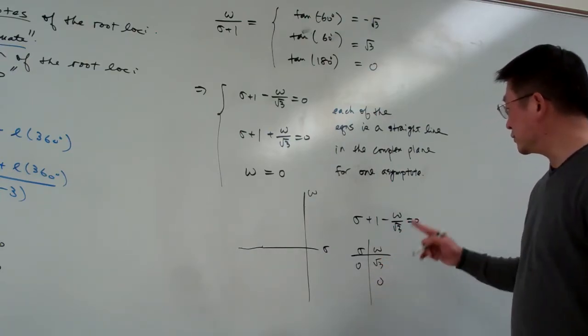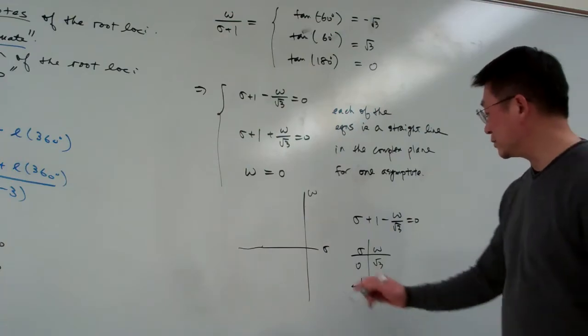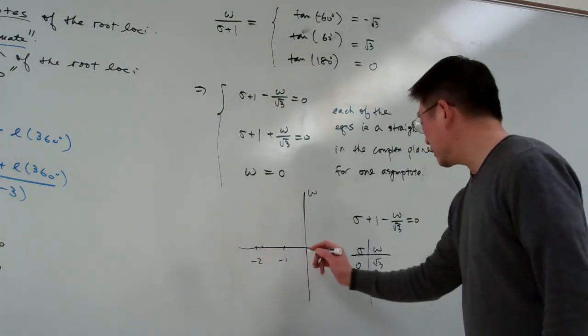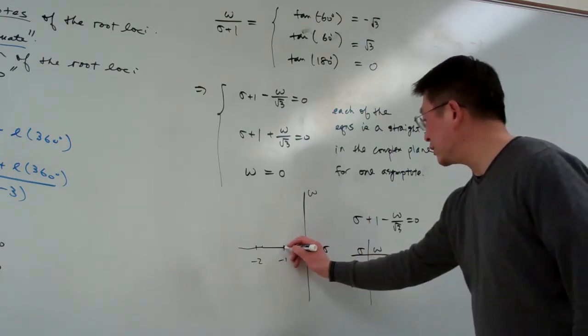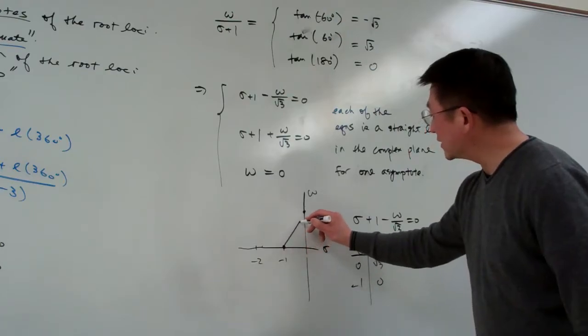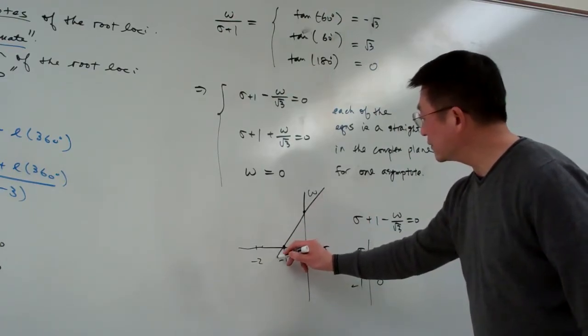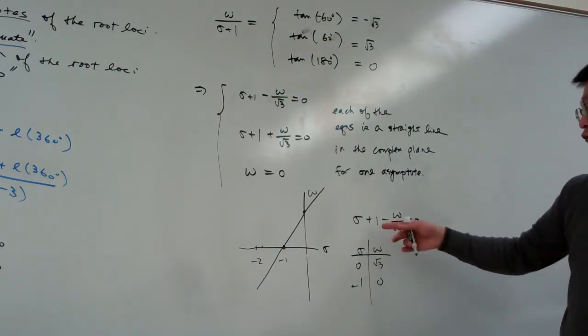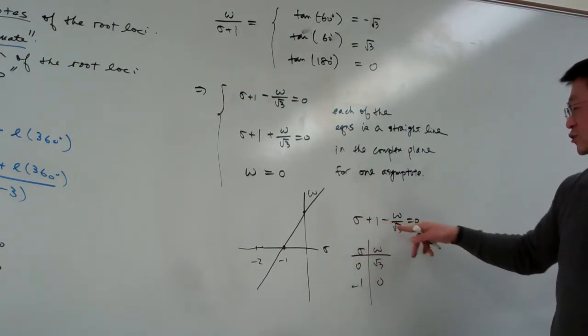When omega equals 0, sigma will be minus 1. So here that is minus 1, minus 2. So one point will be here, the other point will be here. So this line represents this straight line.